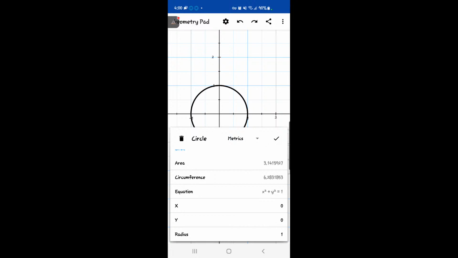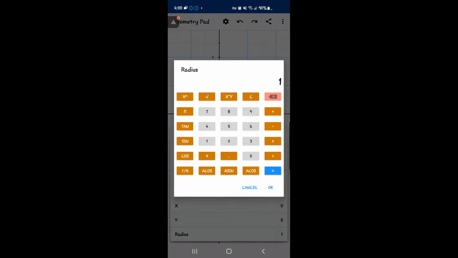Okay, so I said that I was going to change the radius to the square root of the golden ratio. So first I'm going to do the equation of the golden ratio, and it's rather difficult to do that equation on Geometry Pad, but Geometry Pad has been the one application I've been using in order to do this, and I'm so used to it, so I'm not going to change for anything else.